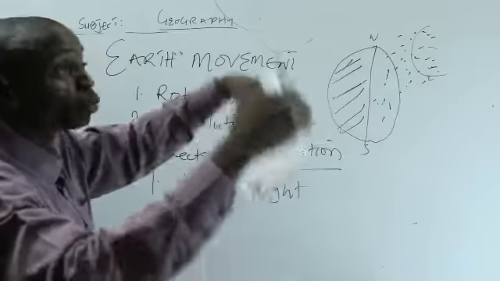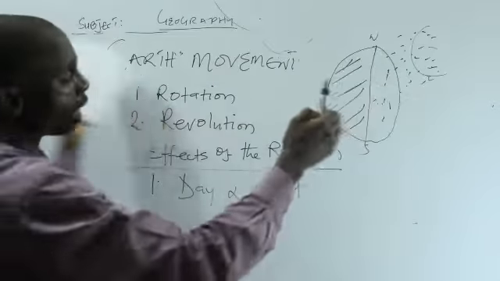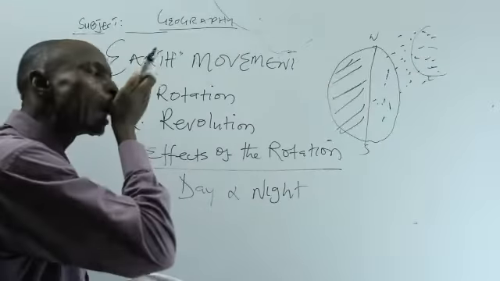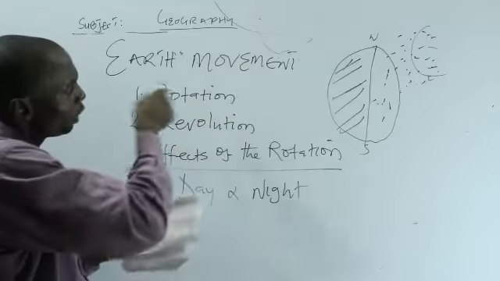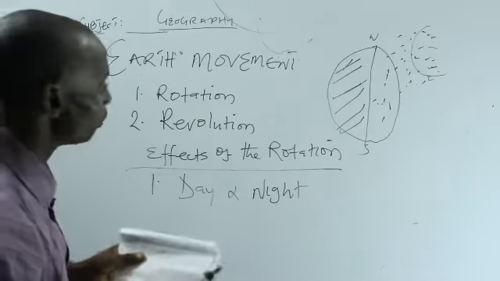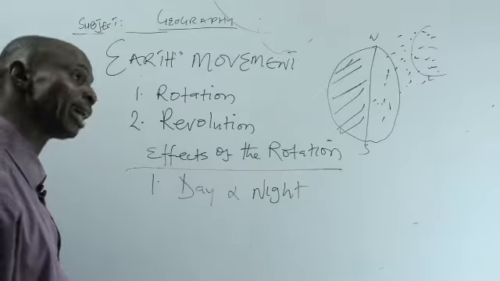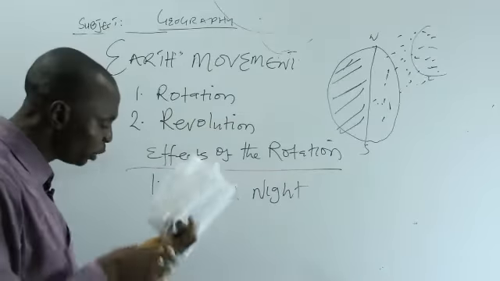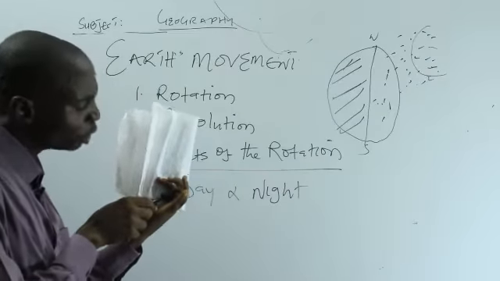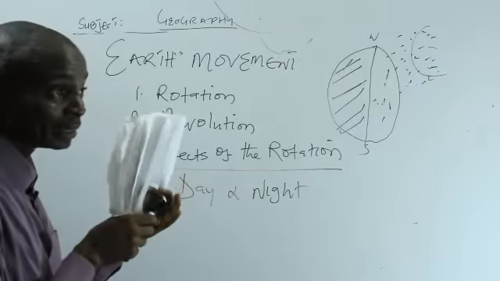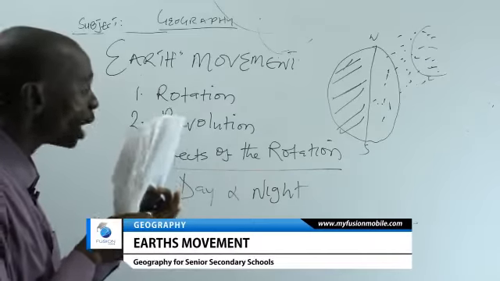The 12 hours that was facing the sun will now back. That is why, when we were discussing the shape of the earth, I explained that in some places, as we are talking now in the daytime, people are preparing to go to bed.